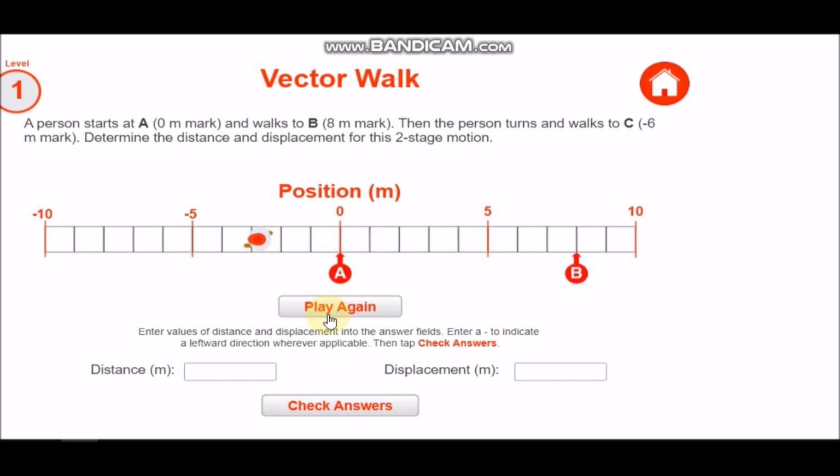Determine the distance and the displacement. Okay, let me show you again. Goes from point A to point B 8 meter, then back and walk from point A to C minus 6 meter. Determine the distance and the displacement.